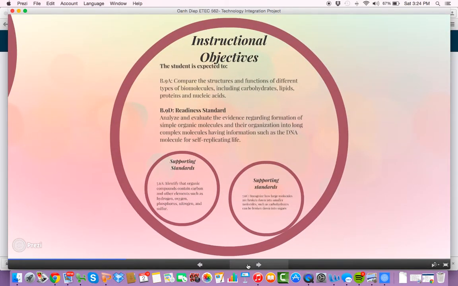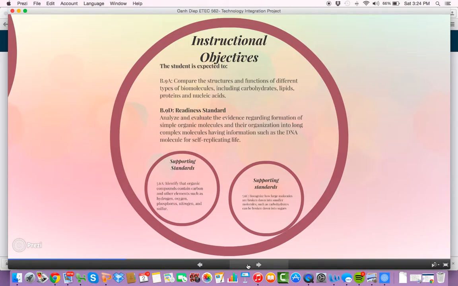Instructional objectives. I chose to focus on the TEKS of biology, B9A, which is to compare the structures and functions of different types of biomolecules, including carbohydrates, lipids, proteins, and nucleic acids.